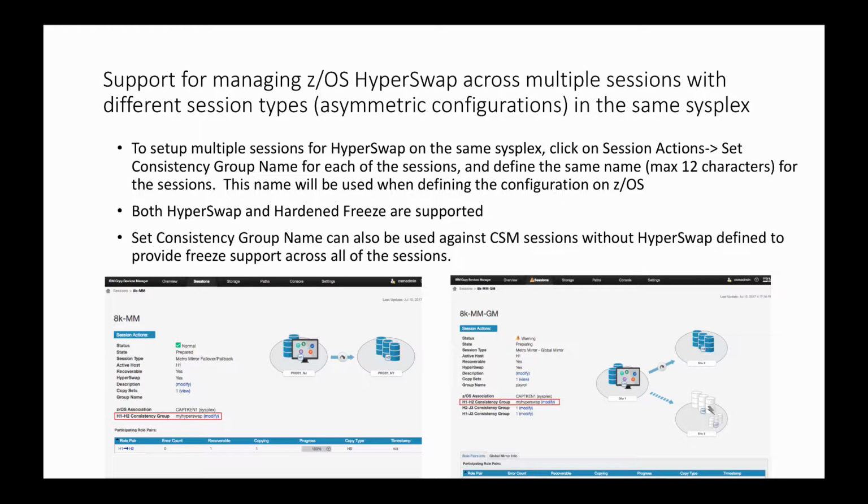And so for the example below, I set 2 different sessions, one MM and one multi-target MGM, but I set the consistency group name for the H1, H2 role pair, which is the Metro Mirror role pair, to my HyperSwap.